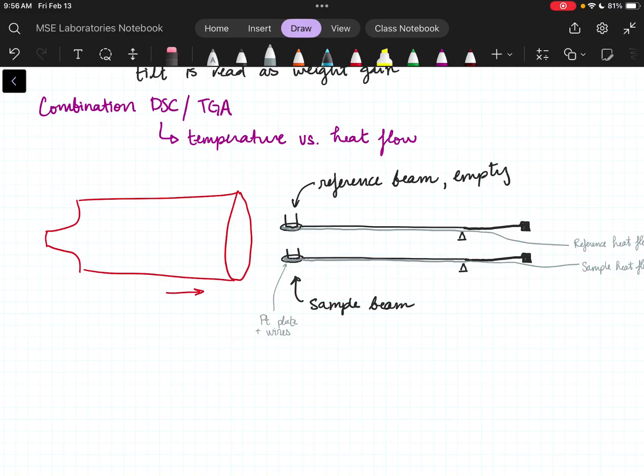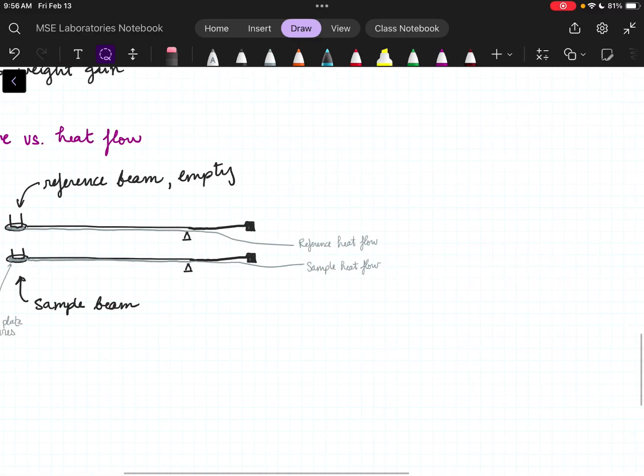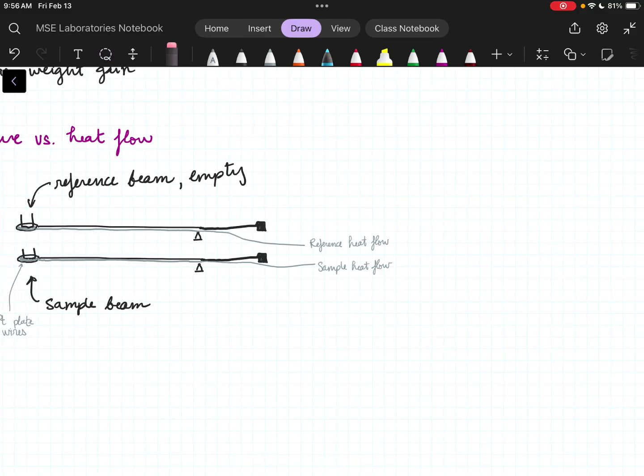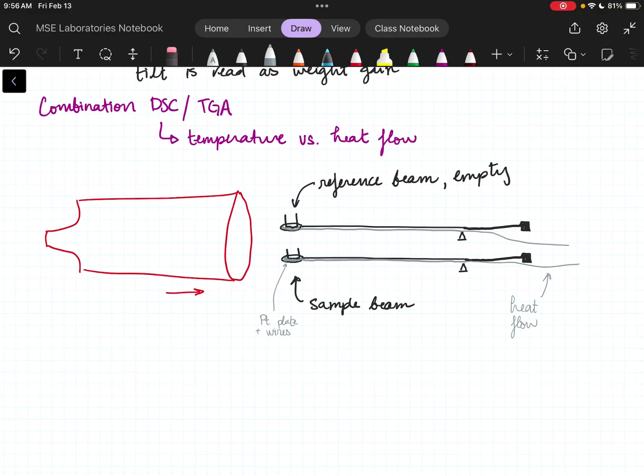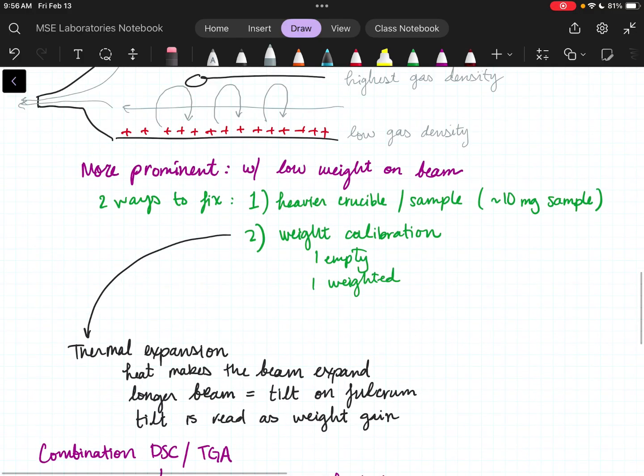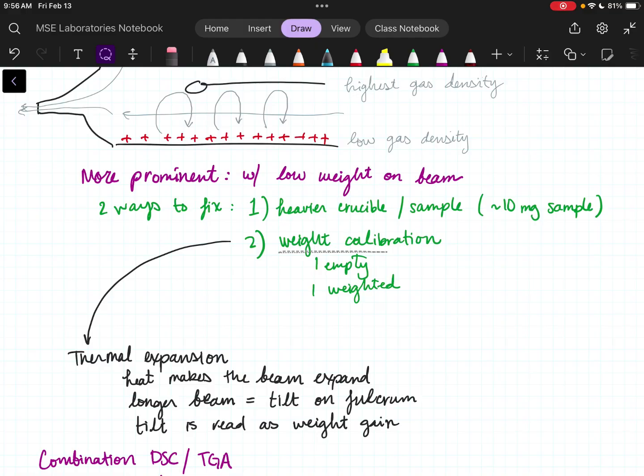In TGA, I don't really care exactly about the sample heat flow, so we just measure the temperature of the furnace. In this one, though, there's a thermocouple right at the bottom here. The plate is covered with platinum, and then there is a platinum wire that, in ours, is encased in the alumina, and it then separates at the back and acts as my little thermocouple.